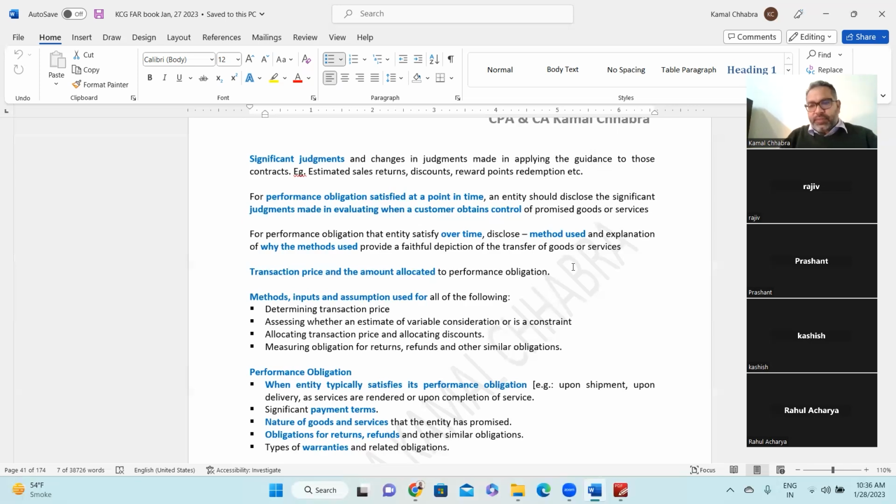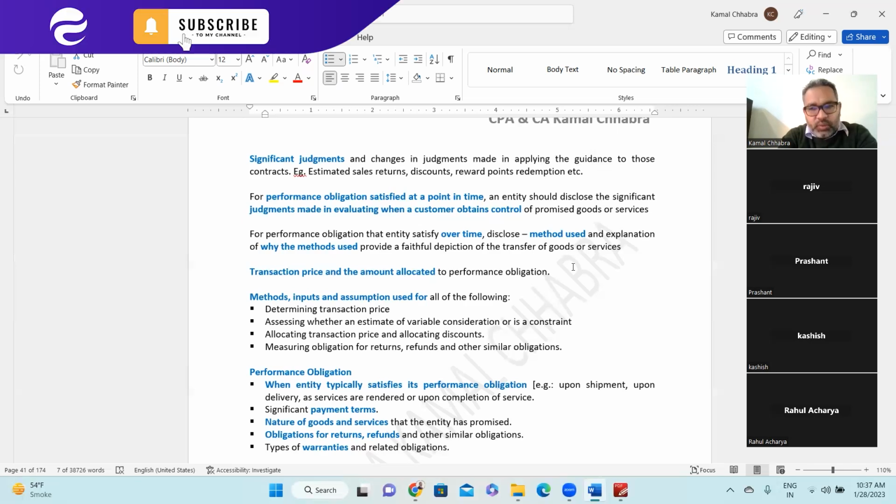So how much refund or sales return you are expecting in the business? Those are all judgmental calls which the CPA, finance person or accounts person in the organization takes. Those significant judgments you need to disclose in the financial statements, what judgments you have taken for each category.